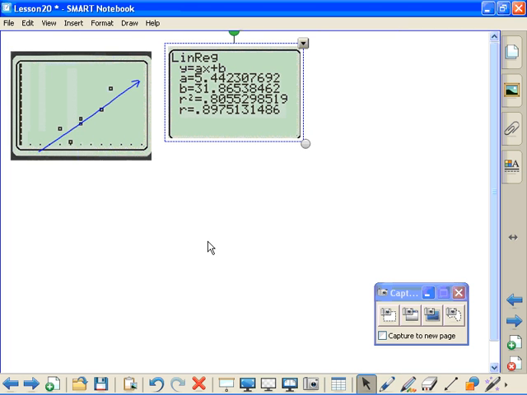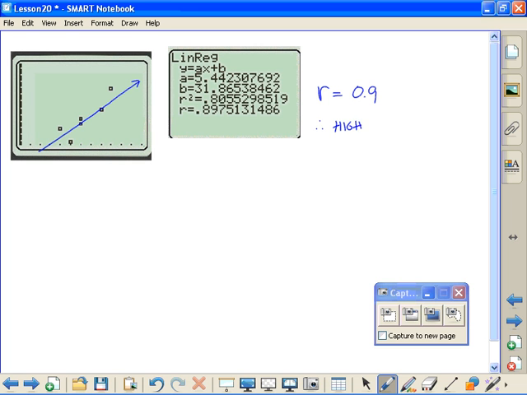From the linear regression, I know that my R value is about 0.9. So therefore a high correlation, or strong correlation. Sorry, use the right terminology here: strong positive correlation. So I can get an equation out of this. Y equals, my A value is 5.44, and my B value is 31.9.